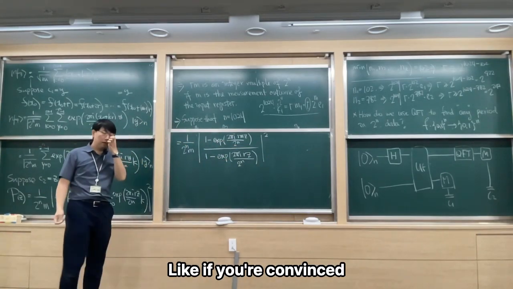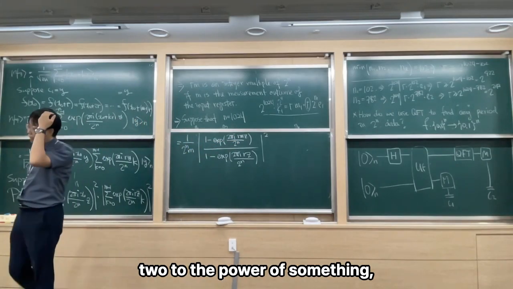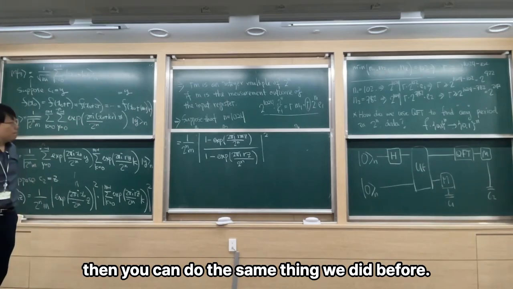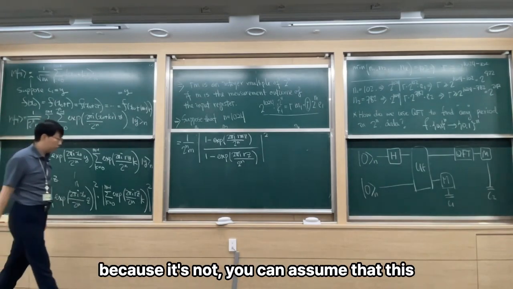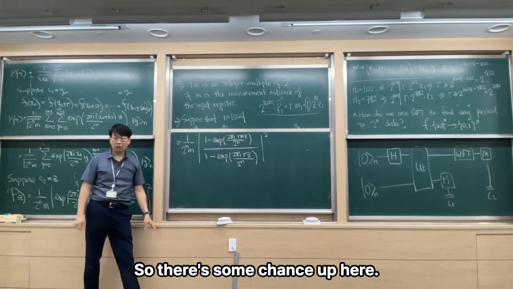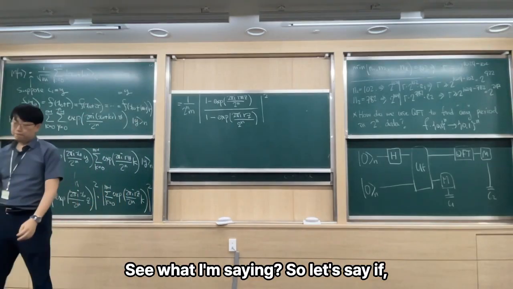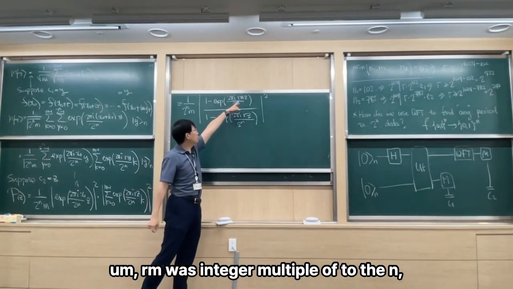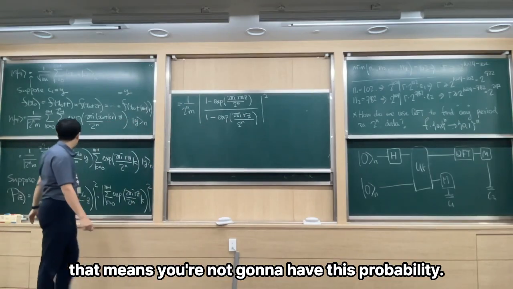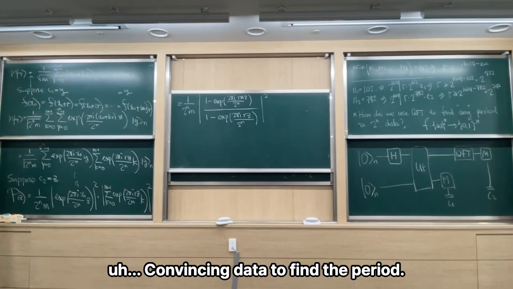If you're convinced that your period r is 2 to the power of something, then you can do the same thing we did before. But in most cases, because it's not, you can assume that this is not equal to 1, so this is not going to be 0. See what I'm saying? If rm were an integer multiple of 2 to the n, you're not going to get convincing data to find the period, so something's fishy.